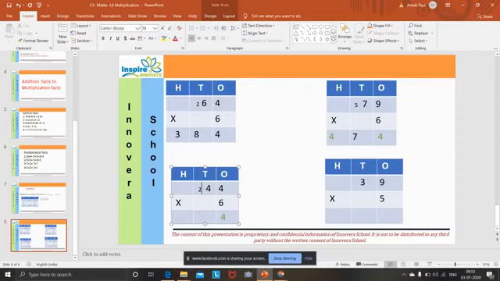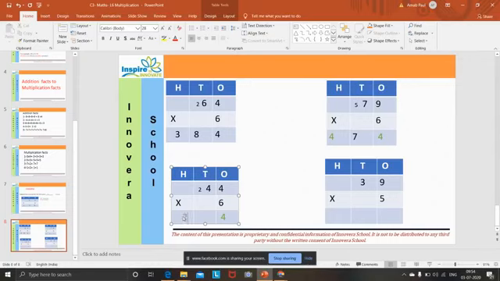Again 4 6s are 24. 24 plus 2, 24, 25, 26.